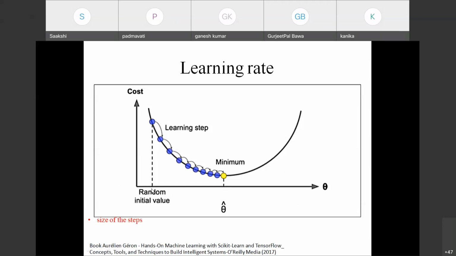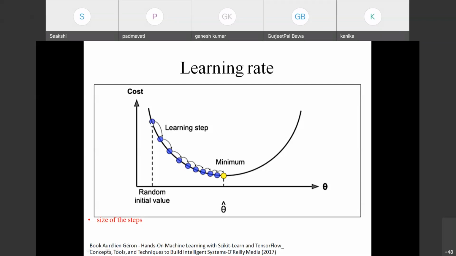This value can be anything. Assume that I have initialized some W and computed the loss, or cost function, for those 5 different samples, and I got this much cost.